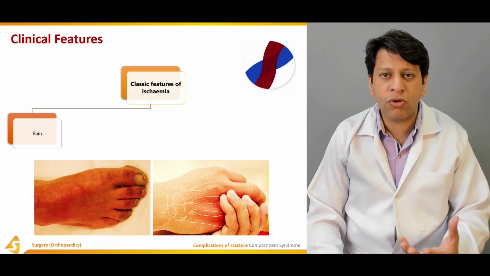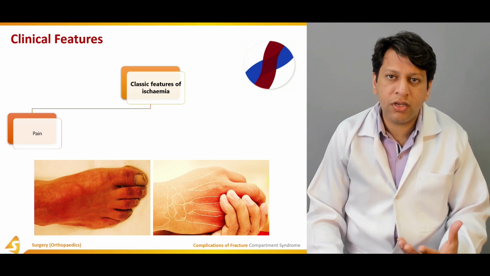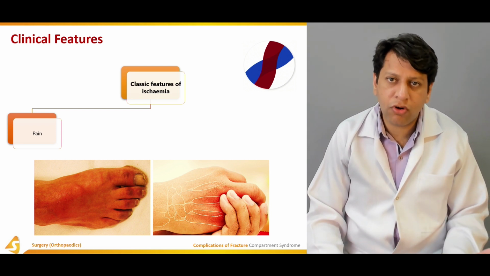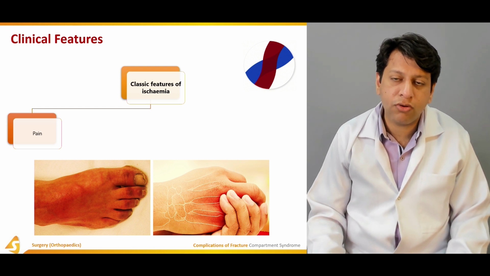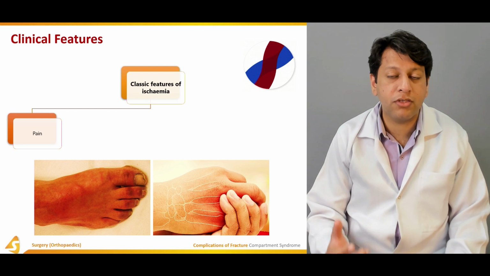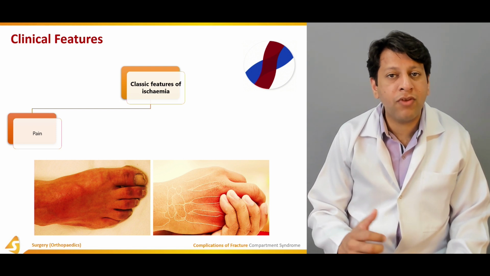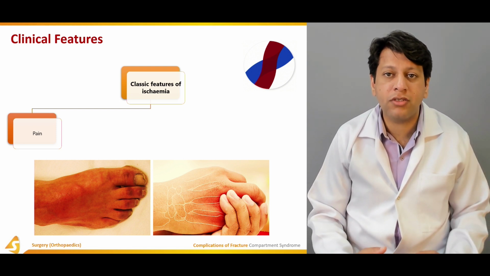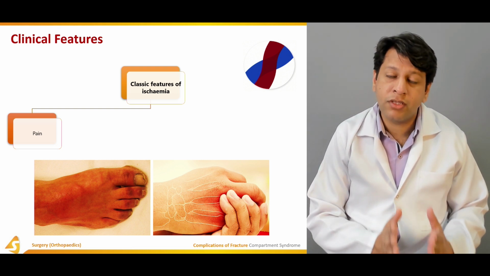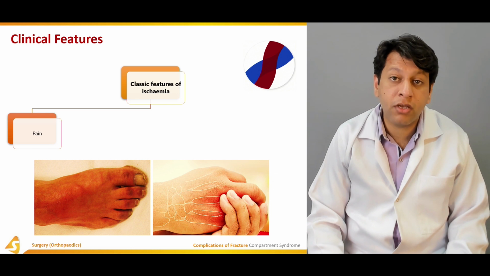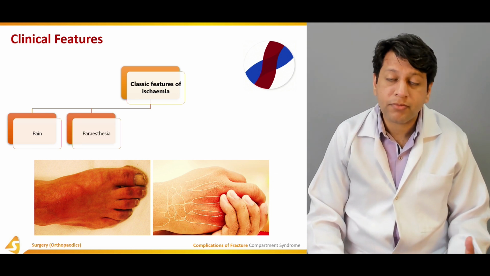It's a closed fracture, probably due to low energy trauma. The patient had a fall. But if you ask the patient to move his ankle, or you hold up his or her foot and dorsiflex or plantarflex the ankle, this results in severe pain. This pain out of proportion is a classical sign that there is a developing compartment syndrome.